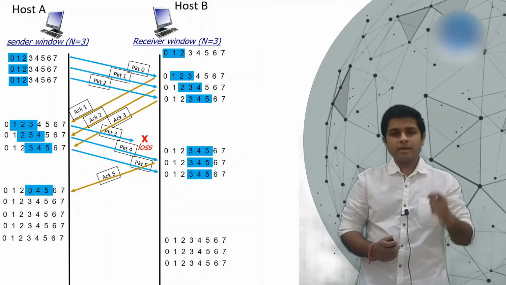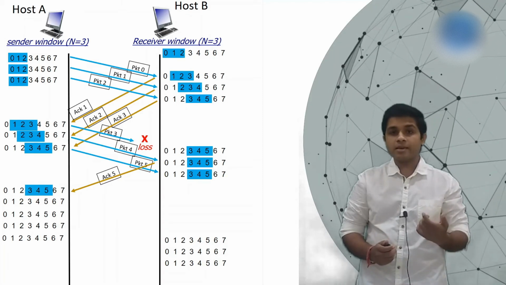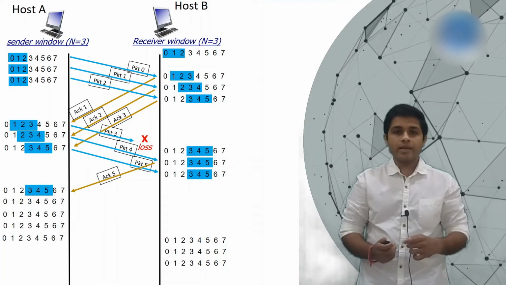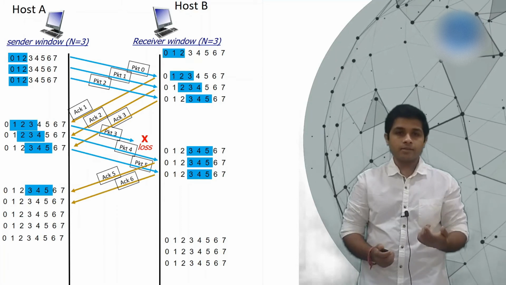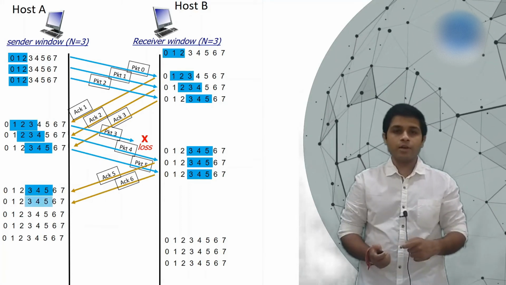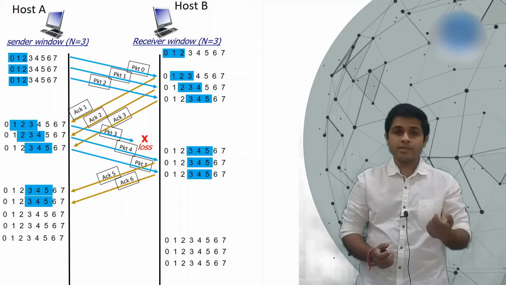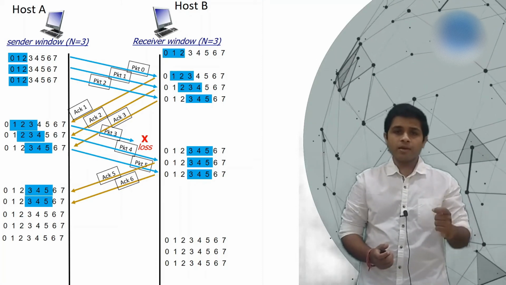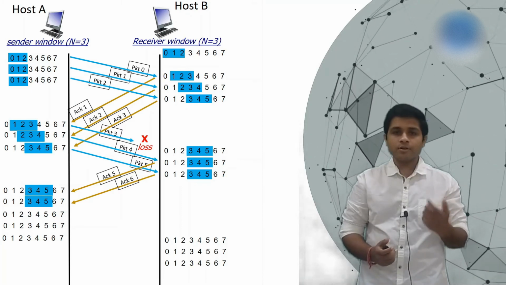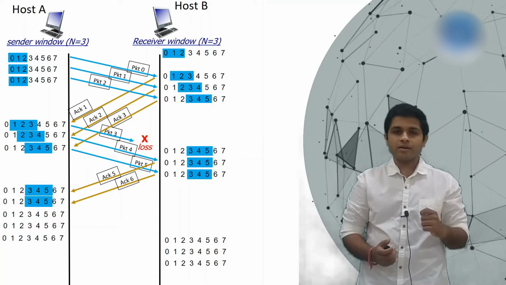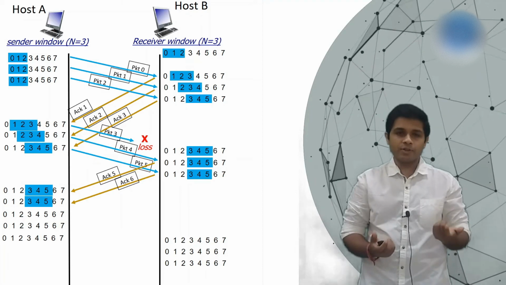After some time, A is still waiting for ACK 4, but it will get ACK 6. Still the sender's window will not slide. Now as A receives acknowledgement 6, it will think that packet 5 is also received successfully, but it doesn't know what happened to packet 3.